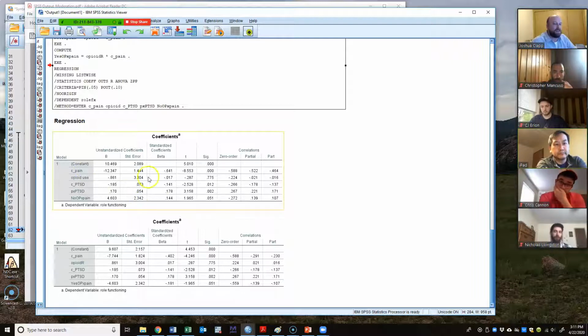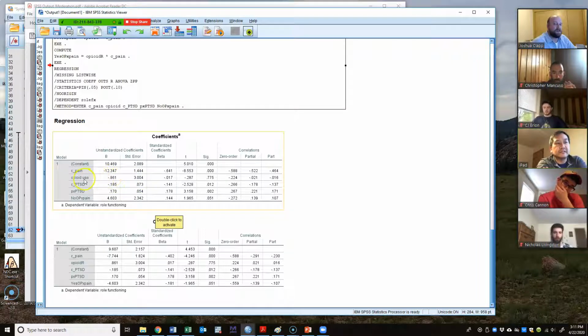Because if I just run this model, Sean, what does this coefficient correspond to? It's pain only for those folks that are using opioids. Who are not using opiates. Who are not using opiates, right?